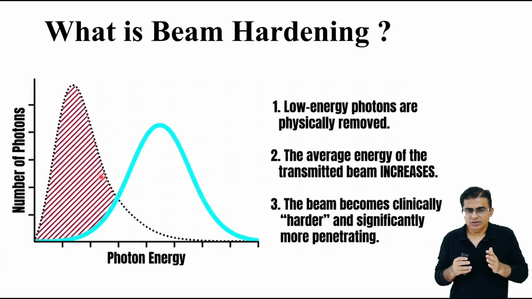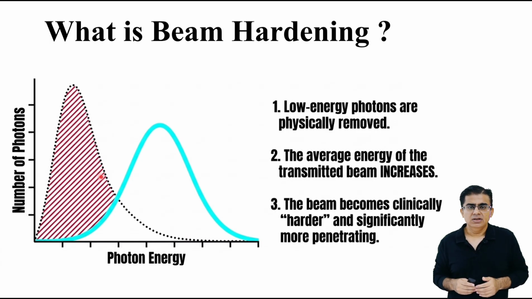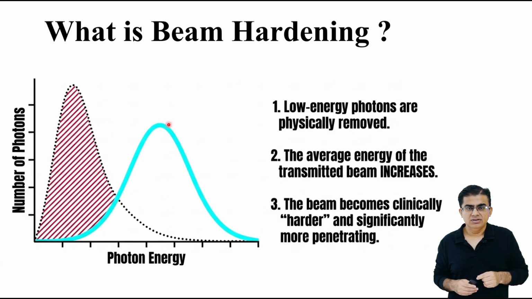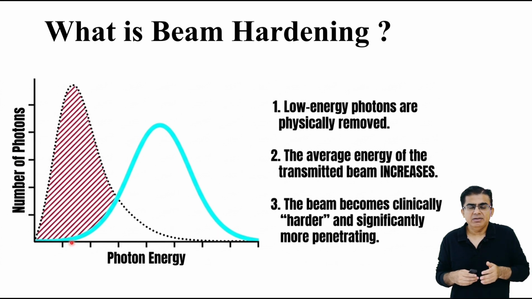Now listen to me very carefully. Because these weak photons are completely gone, something very interesting happens to the remaining beam. Look at the solid blue curve on the right side of the graph. Let us think about this using very simple mathematics.